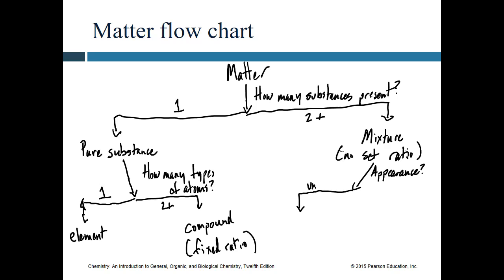If their appearance is uniform, meaning we can't tell one component from the others, they all look the same, then we call it homogeneous.